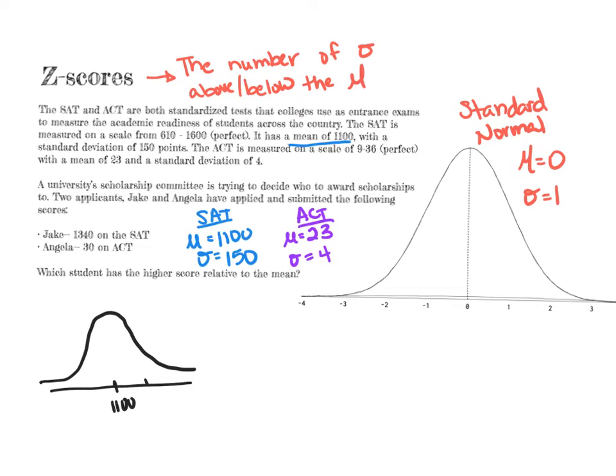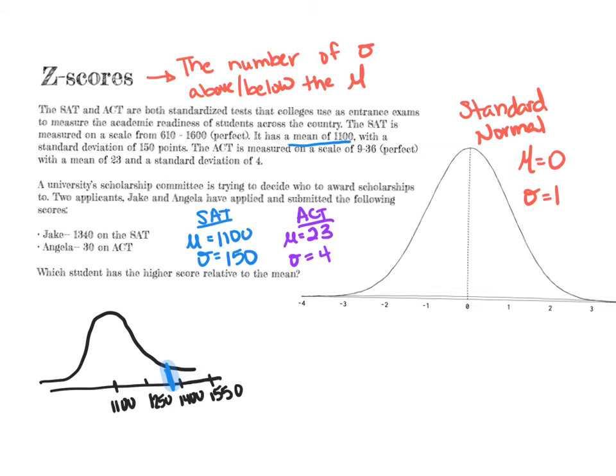The first value would be 1250, the next standard deviation would be 1400, remember, it's adding 150 to get there, and the last value would be 1550, three standard deviations to the right of the mean. Jake's 1340 is about right here. It's not 2 full standard deviations, but it's pretty close.